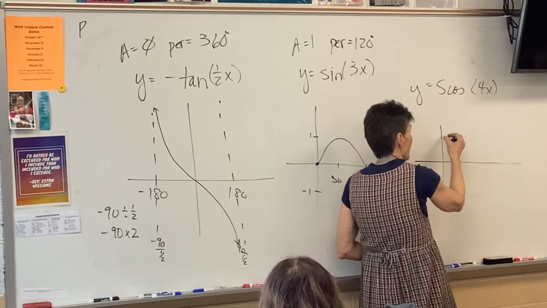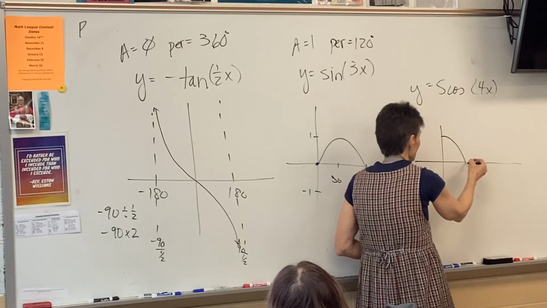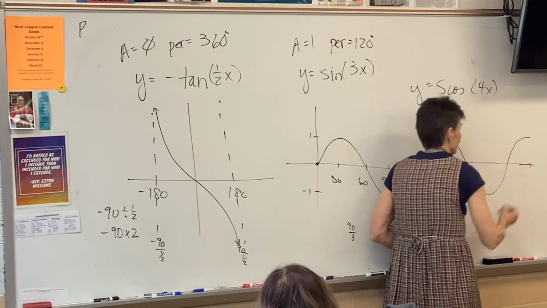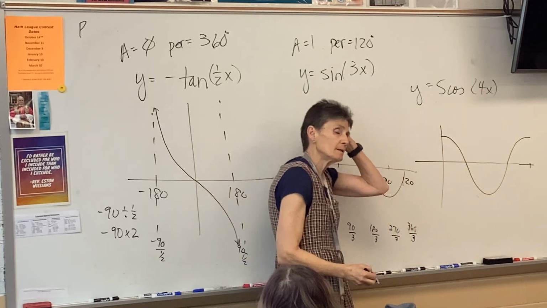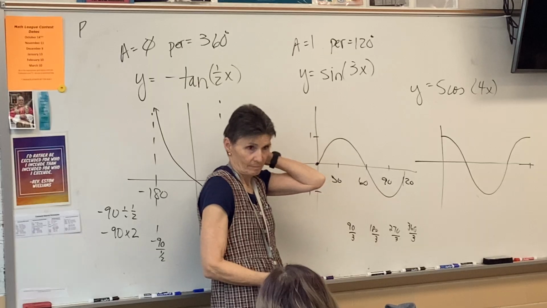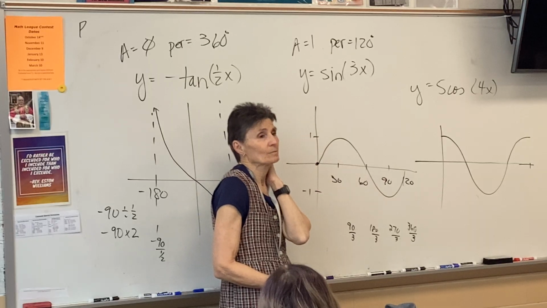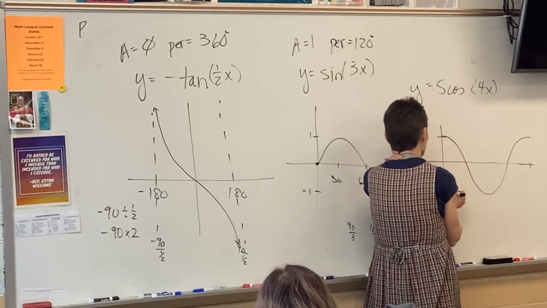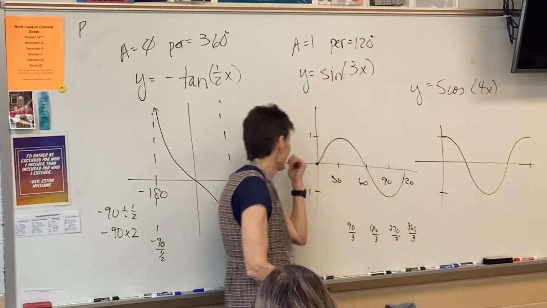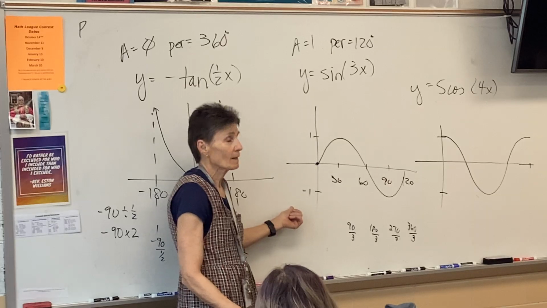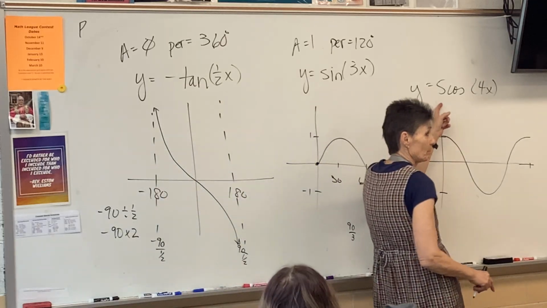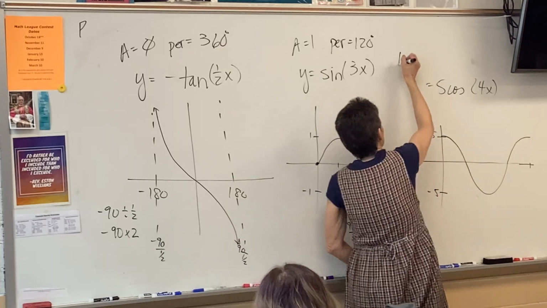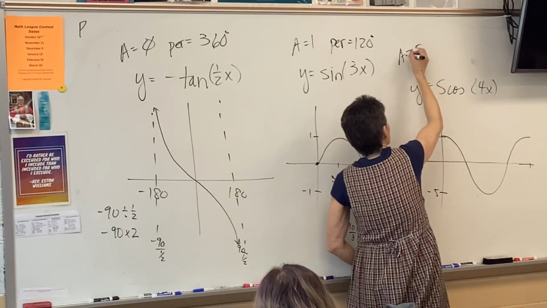Now I got a cosine. Cosines start at the top of the hill, so make half a hill, and then a valley, and then the other half of the hill. They end at the top of the hill, just where they started. Normally, these vertical labels are 1 and negative 1. But this time, I've got a multiplier out here, so they're 5 and negative 5, which means my amplitude is 5.